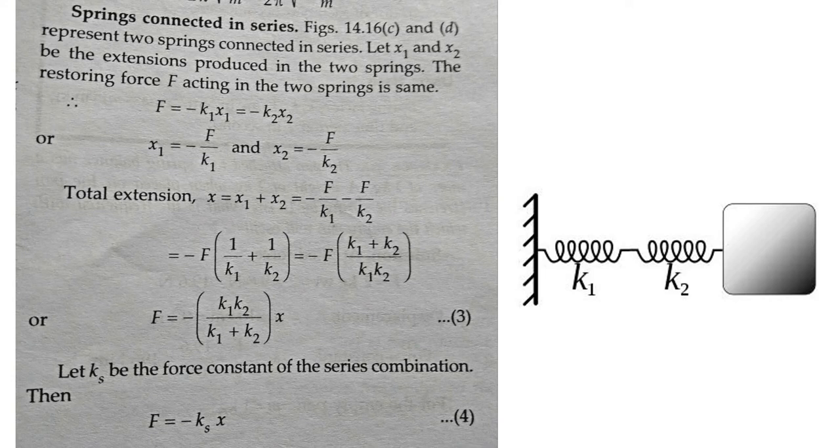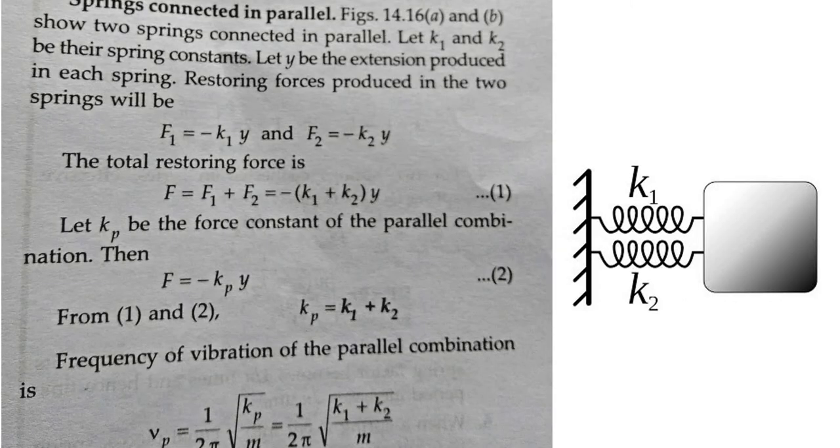The time period is 2 pi into root of m by k; instead of k you have to substitute k1 k2 by k1 plus k2. This is the case of series connection.